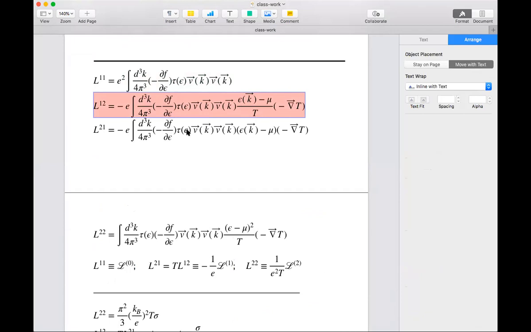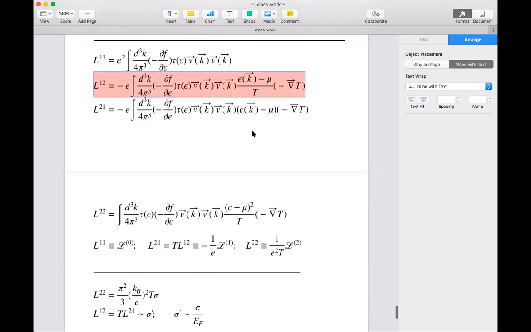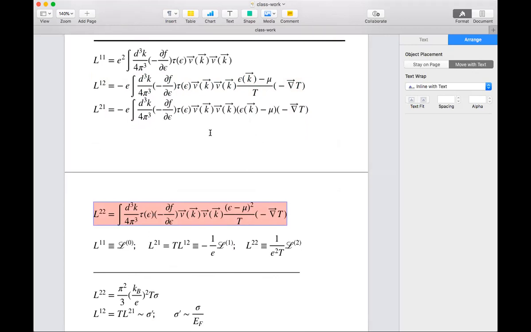And L21 was exactly as L12, except that 1 over T was missing. When you work the algebra out, this is what you'll find. It just doesn't have that factor of 1 over T. Otherwise, it's the same. And L22 was this, epsilon minus mu squared over T. Otherwise, all the other factors are the same as L21 and L12.